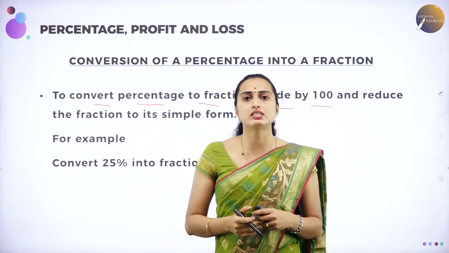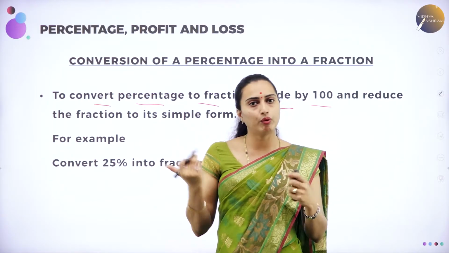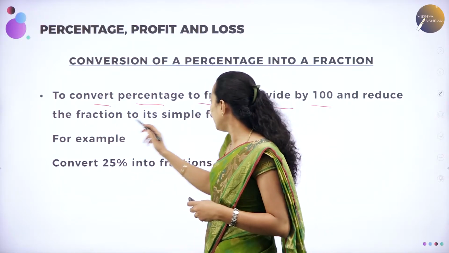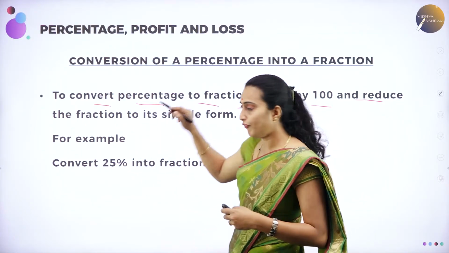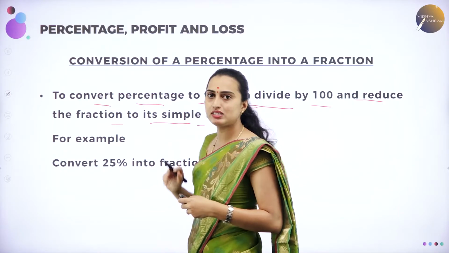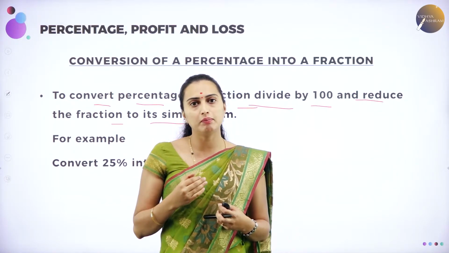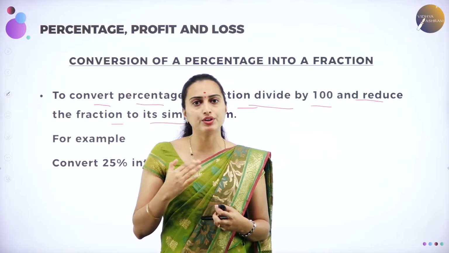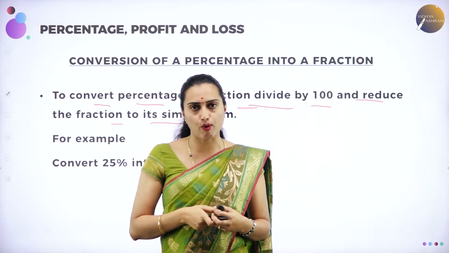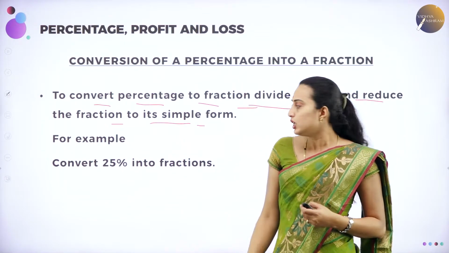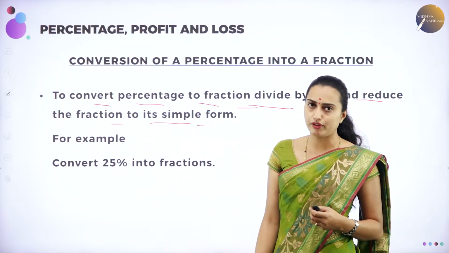Here the reverse means divide by 100, whatever the given percentage. And then reduce the fraction into its simplest form. That means if both numbers are divisible by the same number, you are going to reduce it to the simplest form. That's it.